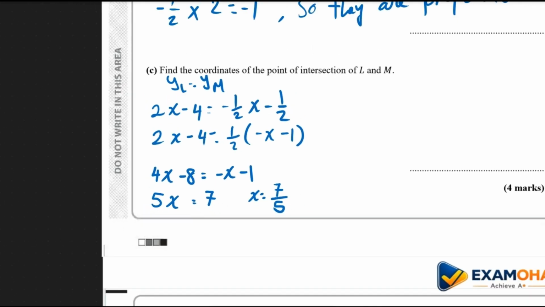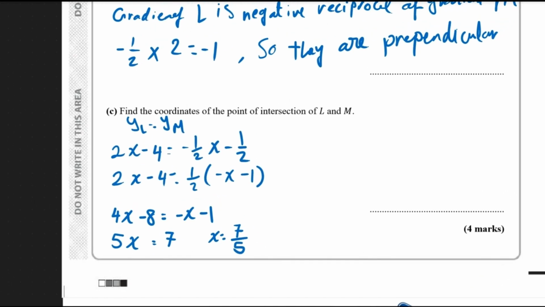So now, since we got the value of x, what we should do to get the value of y is substitute the value of x into any equation, whatever equation of the L line or M line. So now substitute, for example, for the L line, so it would be 2 times 7 over 5 take away 4 equals y.